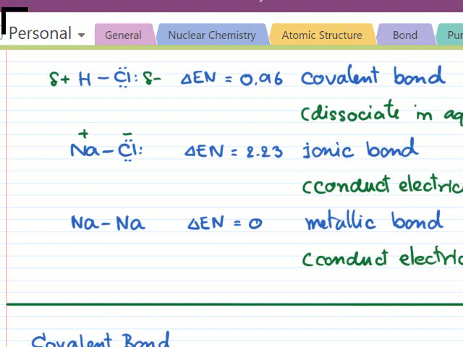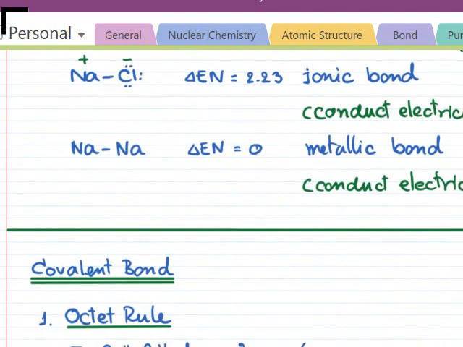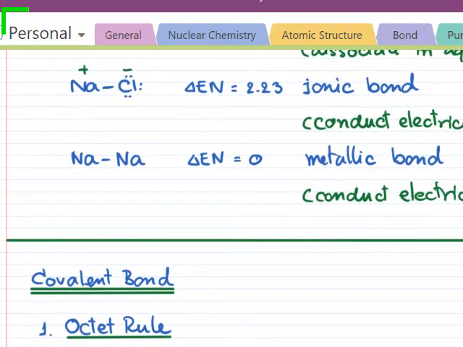So the octet rule means you have to fulfill all the electrons in both s and p orbitals. So if the s and p orbitals are fulfilled, then you have the summation of the electrons equal to 8. This comes to the octet rule. For example, if you look at your neon atom, you have 8 electrons already, so no bonding is needed, right?